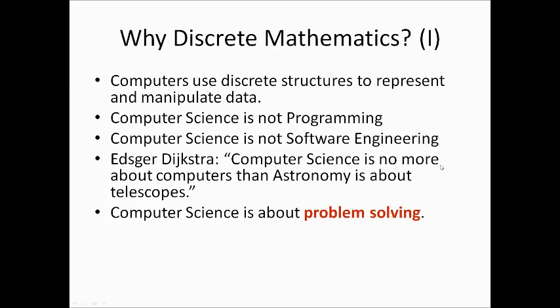So basically, if you are a computer science student, that is your major, it is a must for us to know how to solve problems. Meaning to say, mathematics is the very foundation that enables us to understand discrete structures.